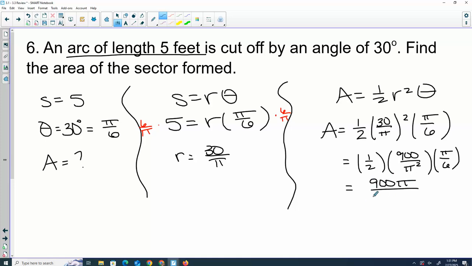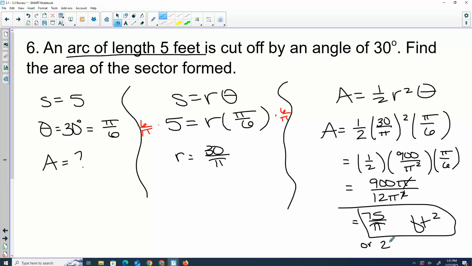So we get 900 pi over 12 pi squared. You could cancel a pi. 900 over 12 is 75. So it actually turns out to be 75 divided by pi. And the units would be square feet. Or of course you could put that in your calculator and it would turn out to be 23.8724 square feet.